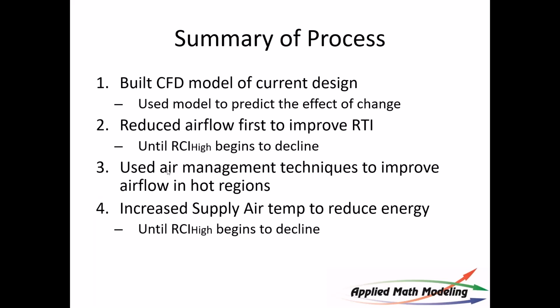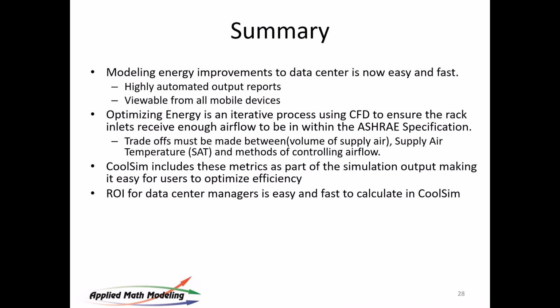We turned up the supply air and then went after air management. It doesn't really matter, I suppose, Magnus, on the last part, the two orders there, but you sort of trade these two off. This is a balancing act between enough air and the right temperature.